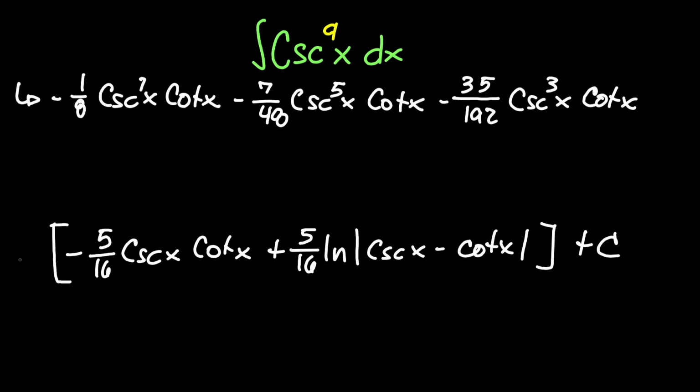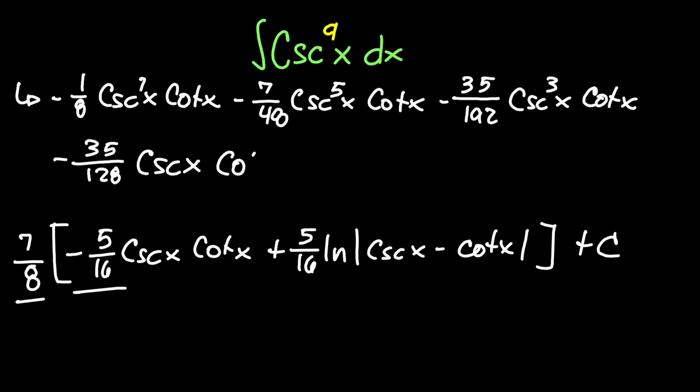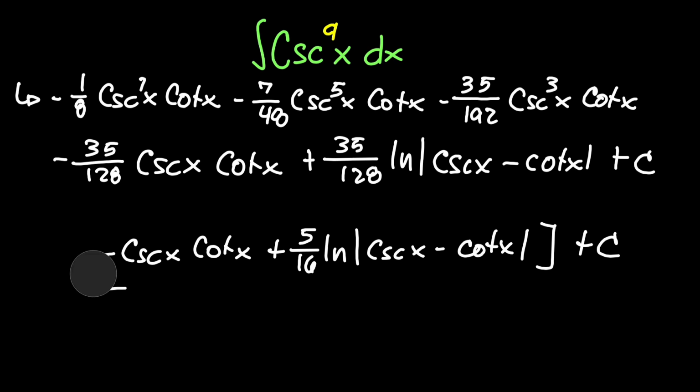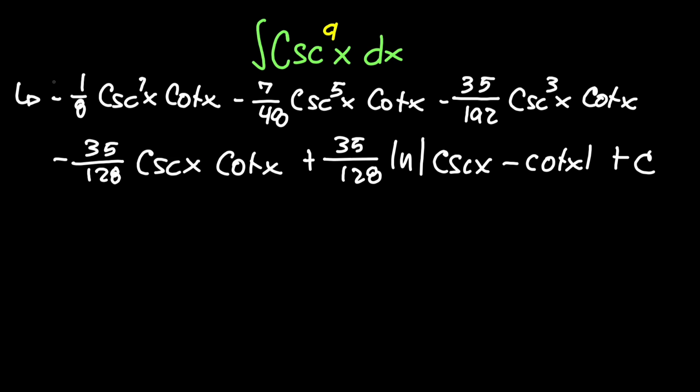Remember this is multiplied by 7 over 8. Multiplying this by negative 5 over 16 would be equal to negative 35 over 128. Multiplying 7 over 8 by 5 over 16 again, it would be equal to positive 35 over 128 natural log of this one, plus the constant of integration. This would be your final value.